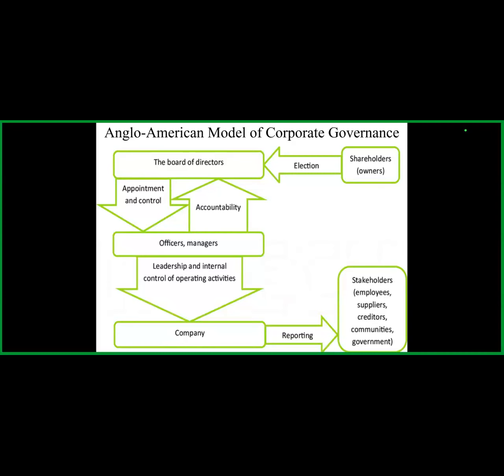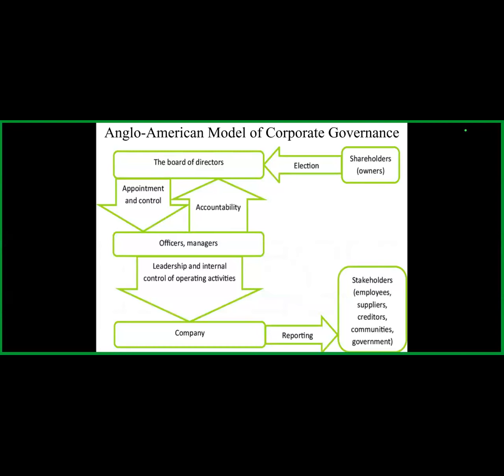They are not coming regularly to the organization and observing how many are performing, how many have achieved the target, how many have not, how many are present, how many are absent. That is the job which has been delegated to the officers and managers.